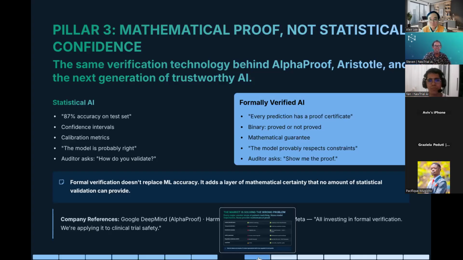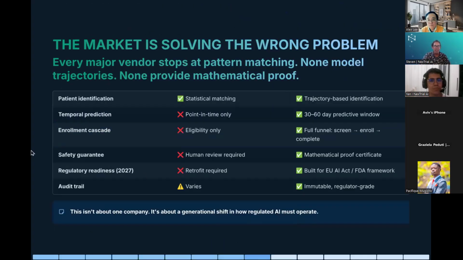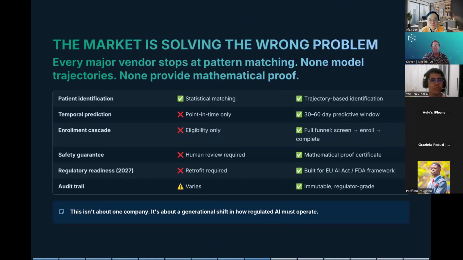Thanks, Jan. Yeah, and I want to be clear, again, this isn't a competitive slide, right? This is the category slide. Every company in AI trial matching today, and there are some good ones, is solving the 2020 problem, right? NLP on clinical notes. As mentioned, that was the state of the art back then, but regulation is moving.